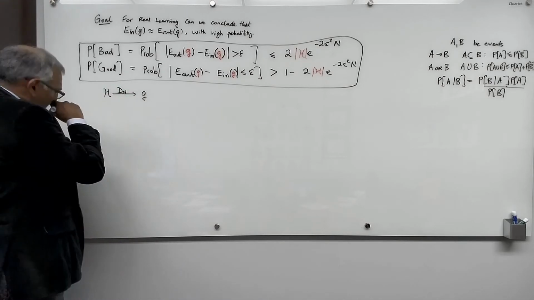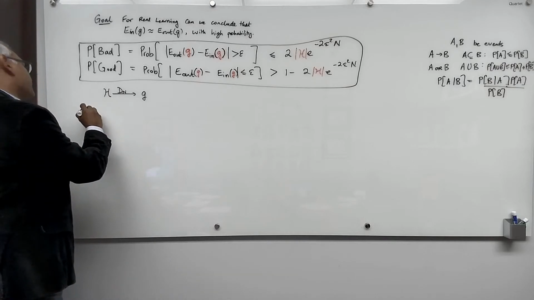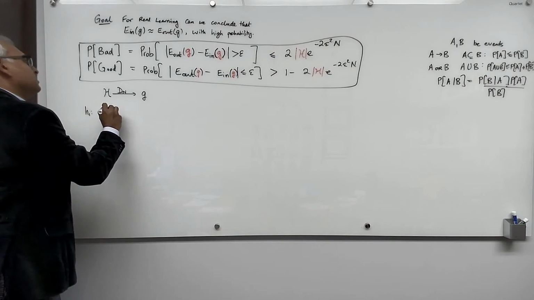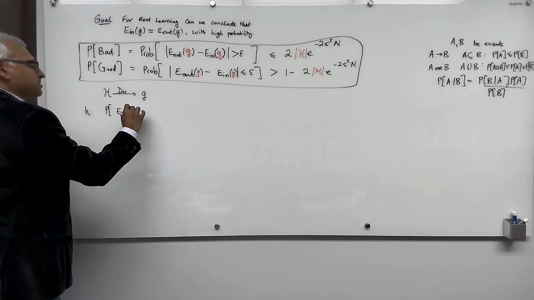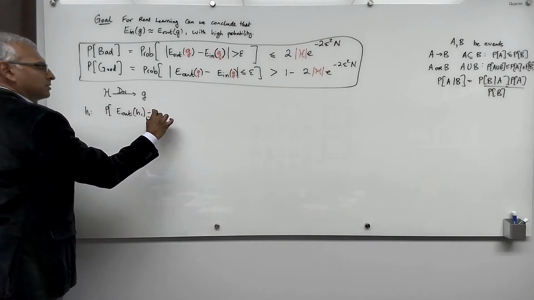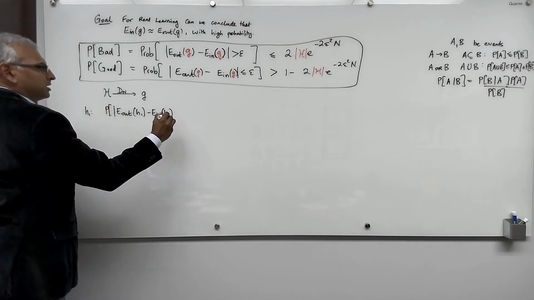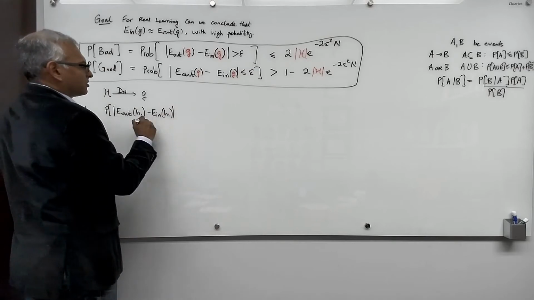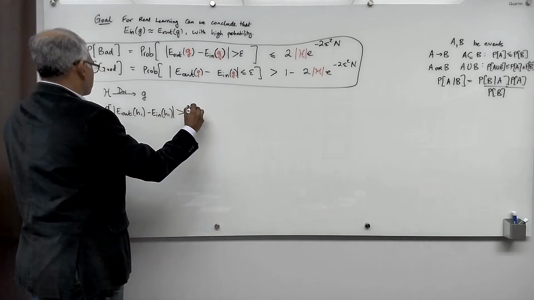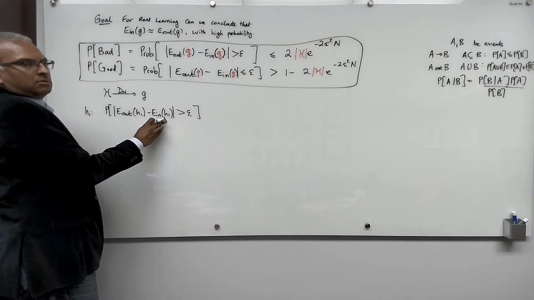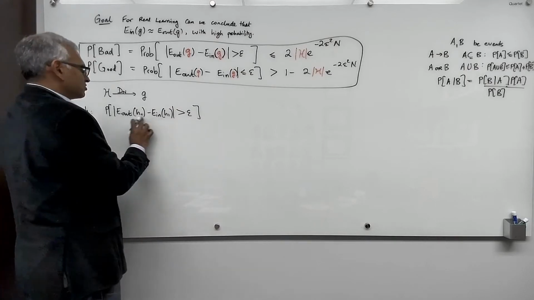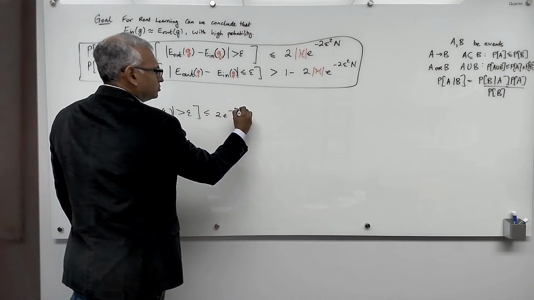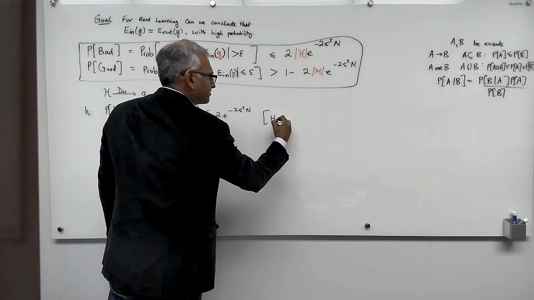If we fix the hypothesis to H1, then the probability that a bad thing happens for H1, that E out of H1 minus E in of H1 is large, well, because H1 is fixed and doesn't change when you get the data set, that's at most 2 e to the minus 2 epsilon squared n. This is just Hoeffding.